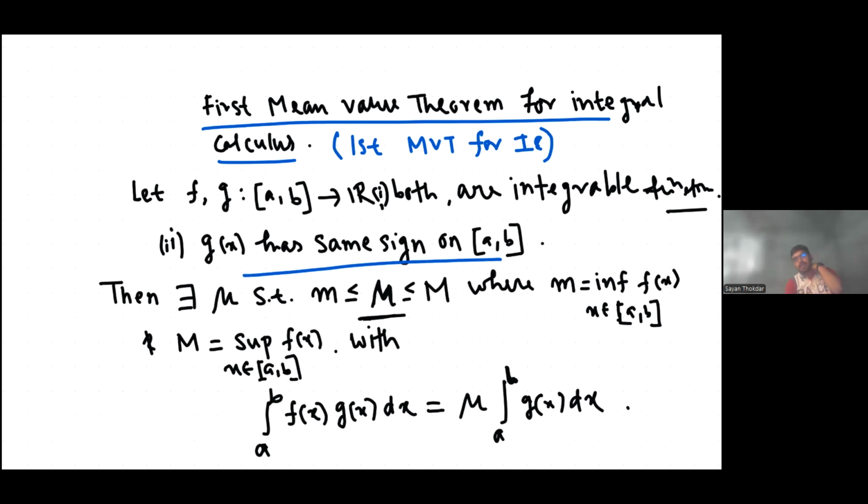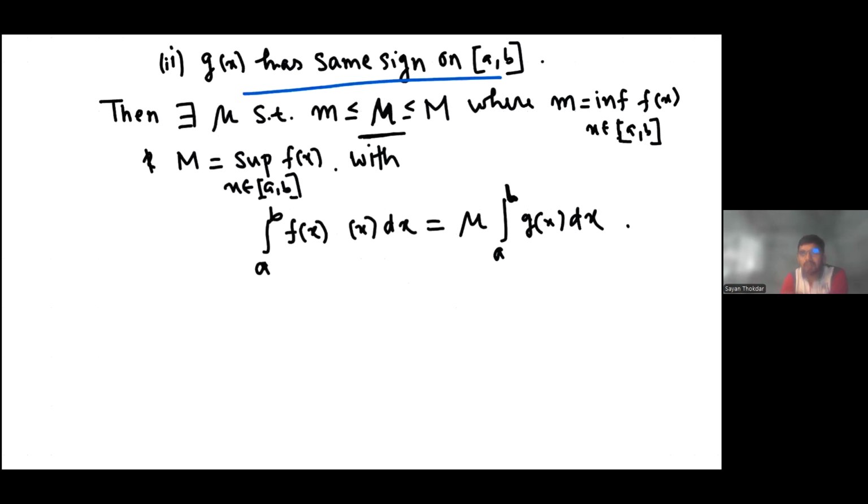The integral from a to b of f of x g of x dx is mu times the integral of g of x, a non-sign-changing function. Its sign should be the same. So that is what we want. That is our first mean value theorem.